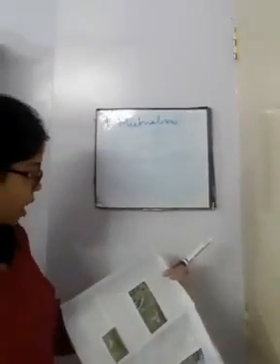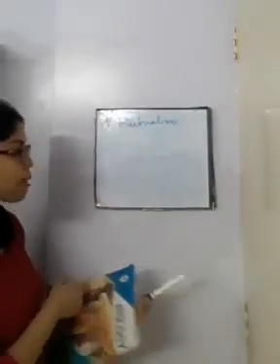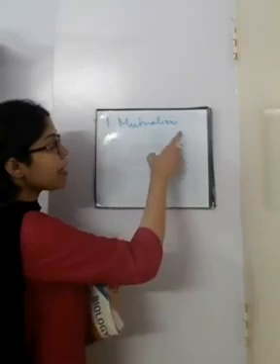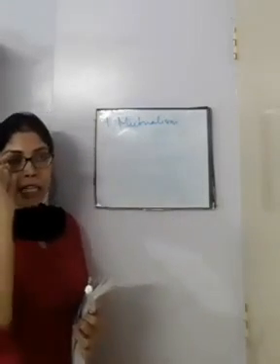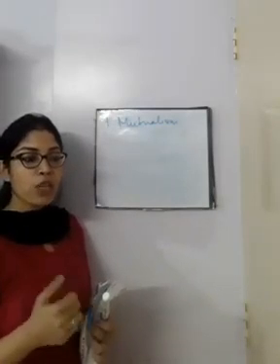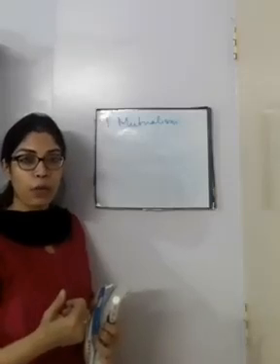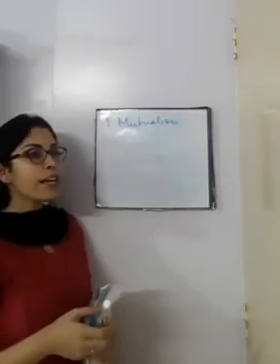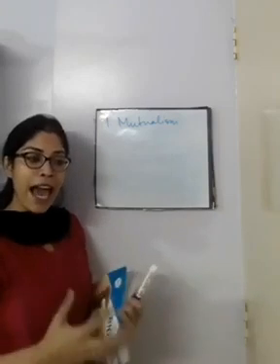Next, another example of mutualism, in animals, is E. coli bacteria in the intestine of man. E. coli, the full form is Escherichia coli, is a good bacteria that resides in the intestine of human beings.